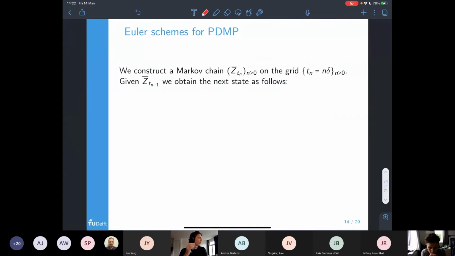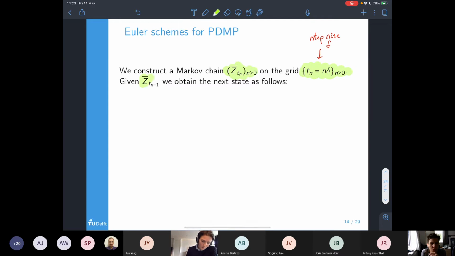Okay, so once we have this idea in mind, we can build a Markov chain z bar tn on a grid for the time variable, and here I'm just assuming a constant step size delta. We can build this Markov chain as follows.